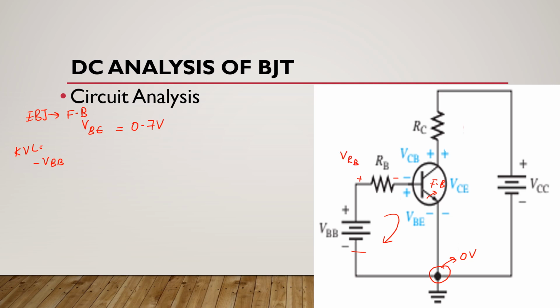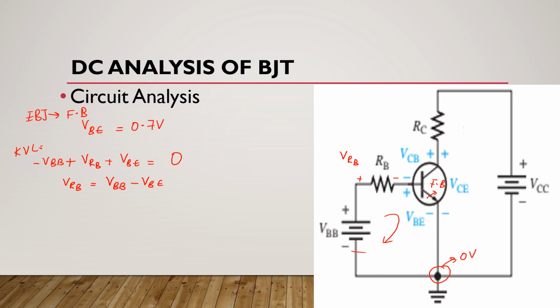So here we write plus VRB plus VBE is equal to 0, and if we rearrange this equation we get VRB is equal to VBB minus VBE.